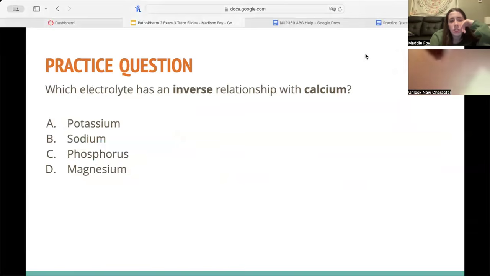Okay. Which electrolyte has an inverse relationship with calcium? Perfect. Yep, C, phosphorus.